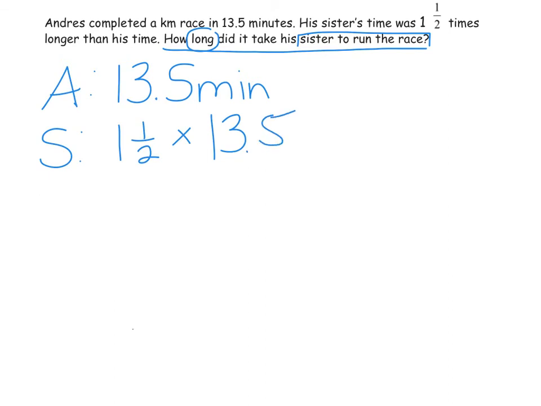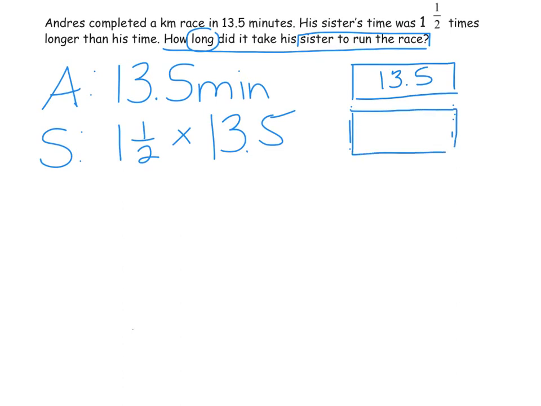So I can draw this with a tape diagram. If this is Andres, so this is 13.5, and sister went 1.5 times. So there's the 1, and then we need another half. So there's the other half.